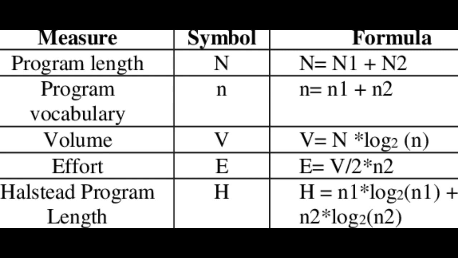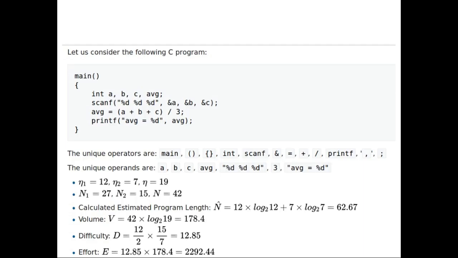Now, to understand more clearly, let us consider an example. Consider the following C program: main, int a, b, c, avg, scanf percentage d, ampersand a, ampersand b, ampersand c, avg is equal to a plus b plus c divided by 3, printf avg.